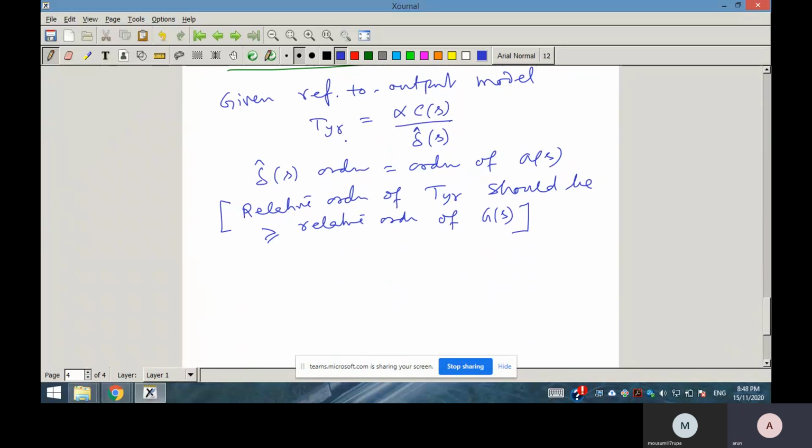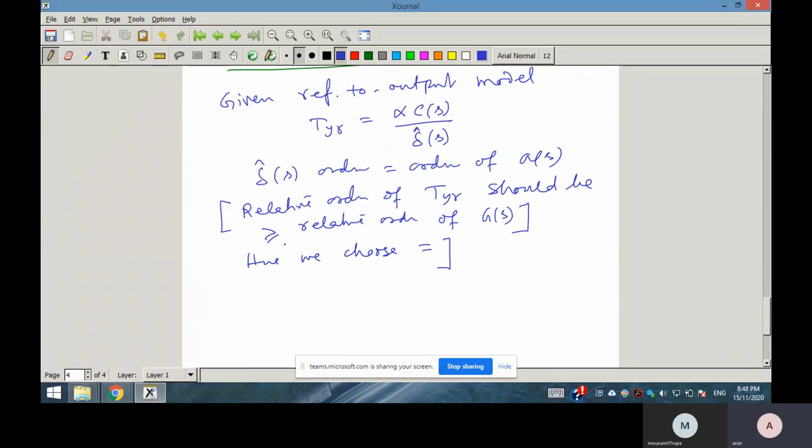Okay, so this is your reference input to output model. The order of delta hat S, I have chosen equal to the order of this one. So relative order should be greater than or equal to this one; here we choose the equal sign.